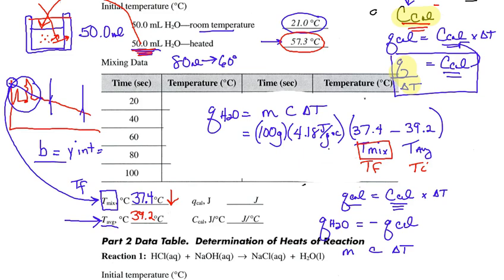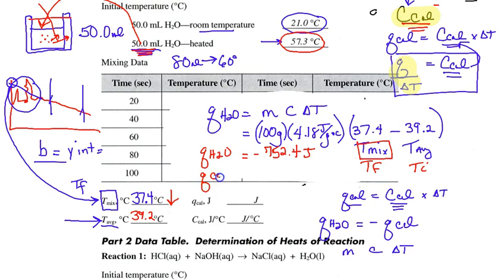And what I get is my Q of the water is equal to negative 752.4 joules, because my specific heat had joules in it. So Q of my water equals that.